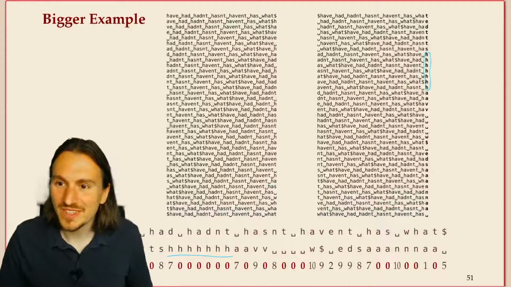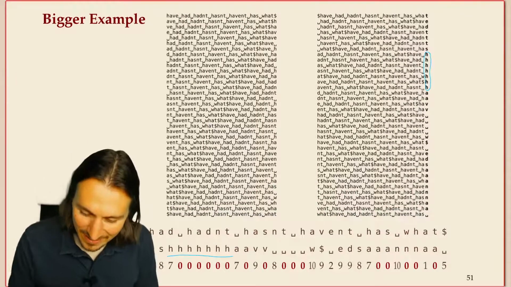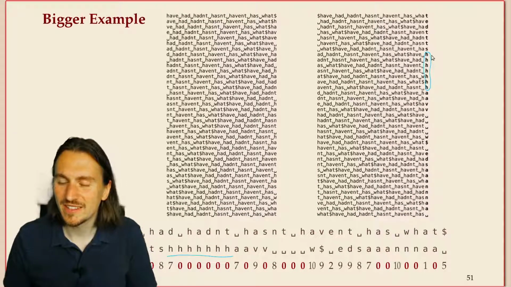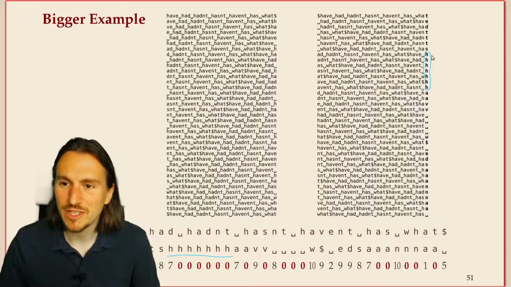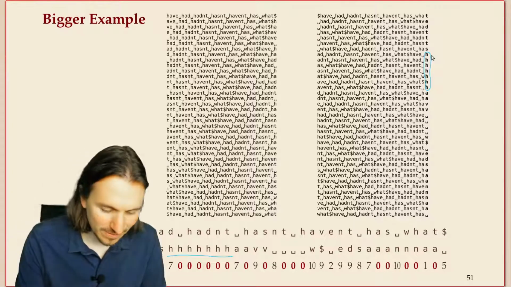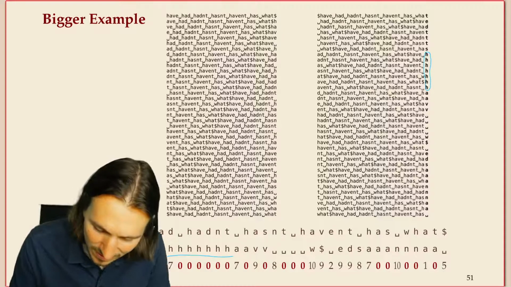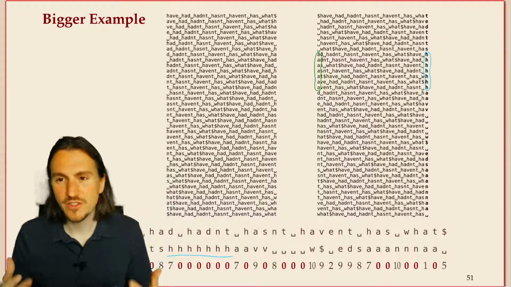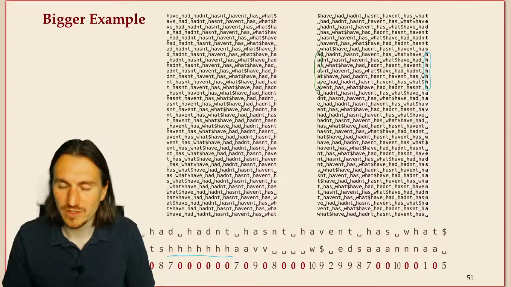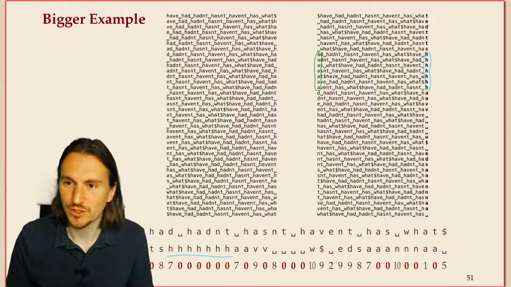So I said the correct answer is that all A's are preceded by an H. And that's the statement that we have all the A's in the text here. They're necessarily together because we sort the suffixes or sort the cyclic shifts.